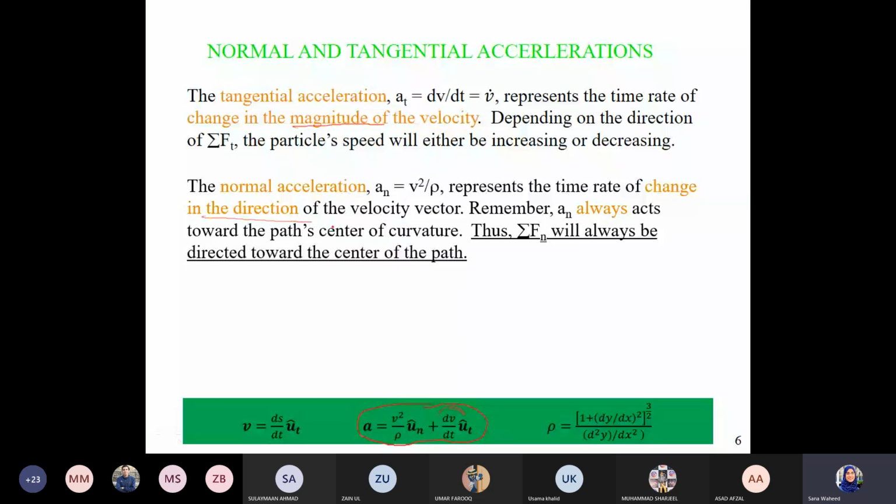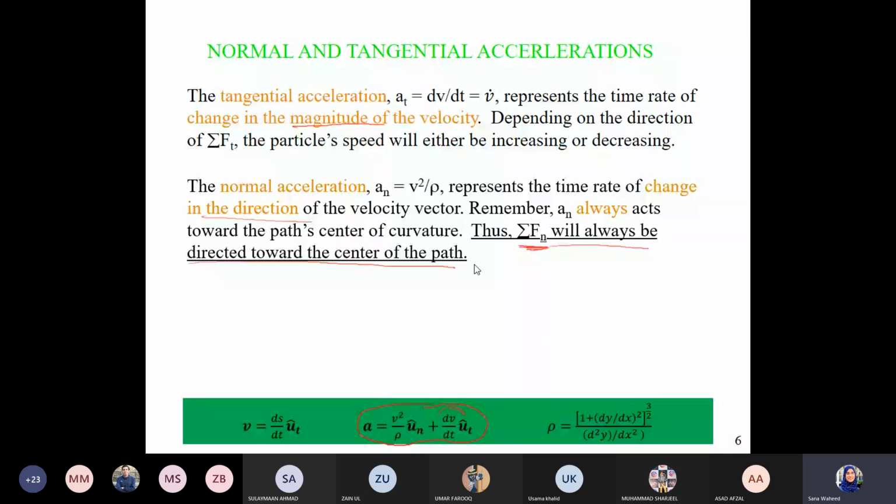And also noting that the normal coordinate is always defined to be acting towards the center of curvature. So this Fn, of course, always will be acting towards the center of the path. And this is why this An was always going to be pointing towards the center of curvature, and hence was known as the centripetal acceleration.